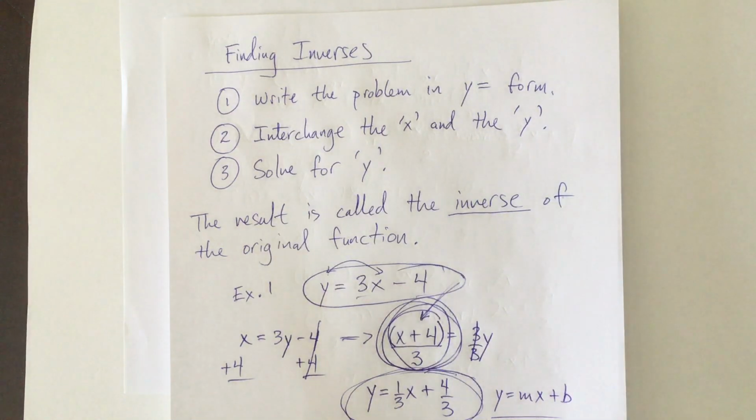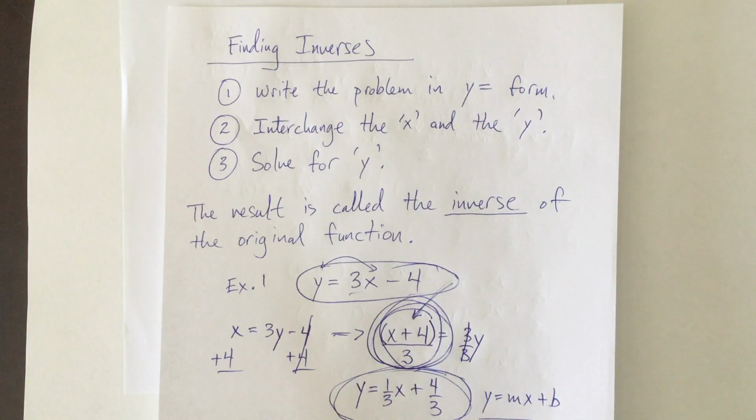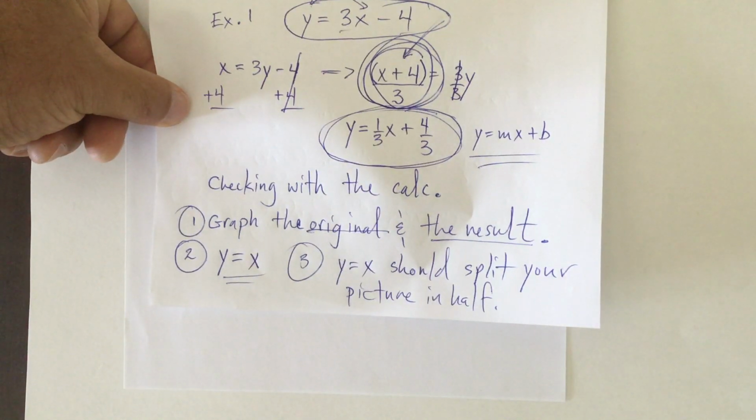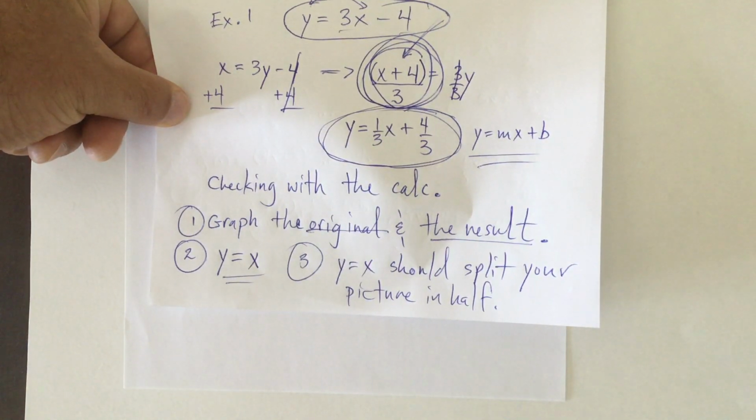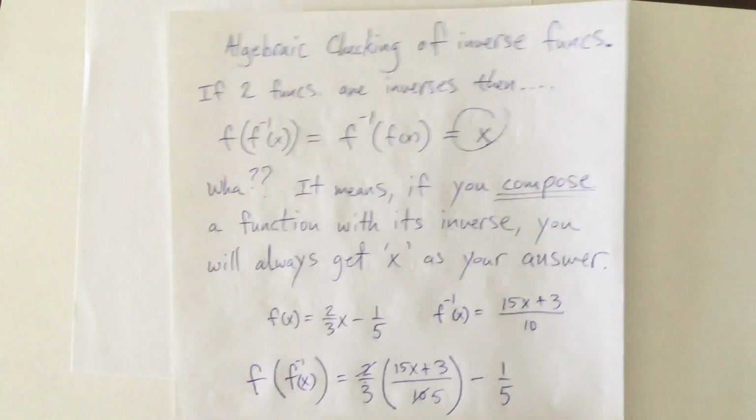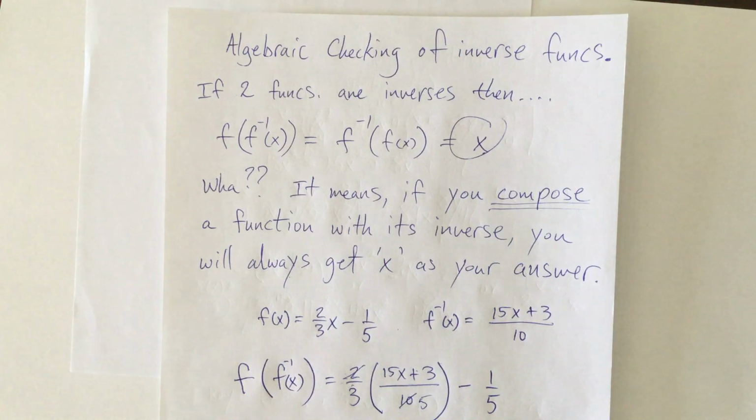Well, it means write it in y equals form, interchange x and y, solve for y. And then if you're going to graph it to check it, that's how you do that, graphing calc check. And then if you're going to do it algebraically, that's what that means.